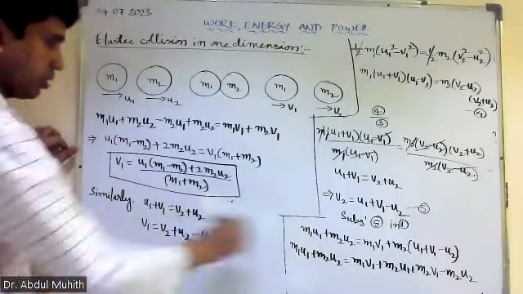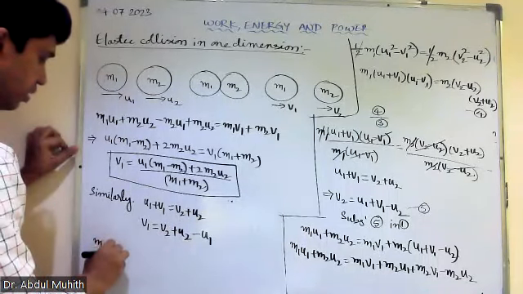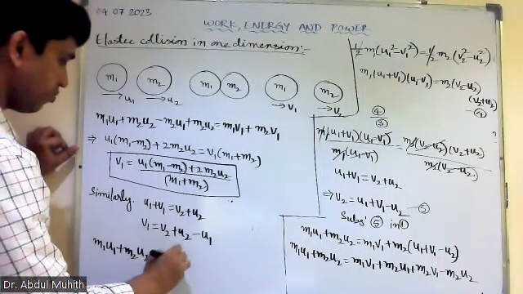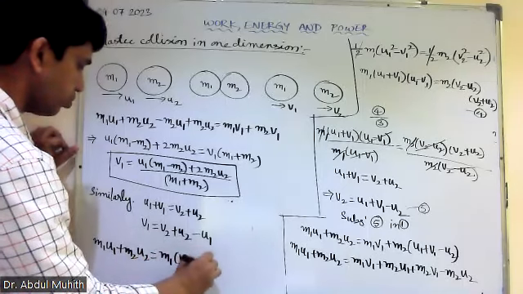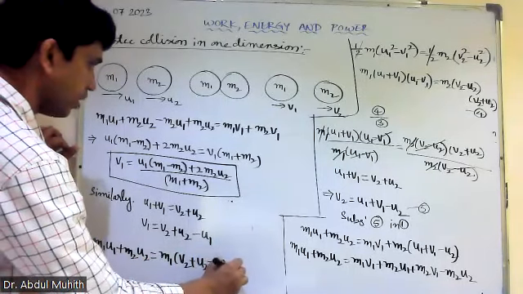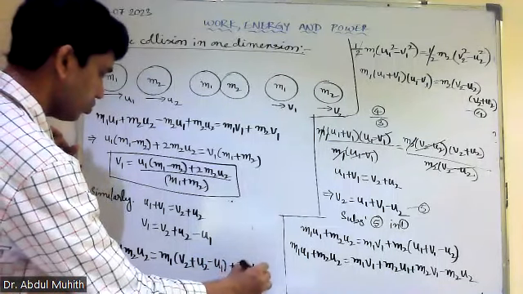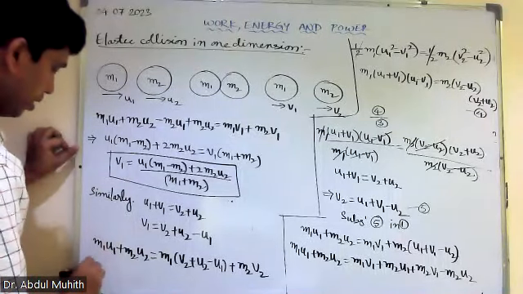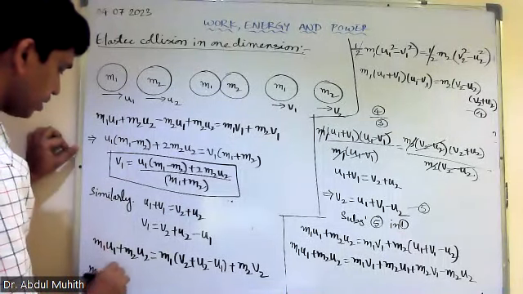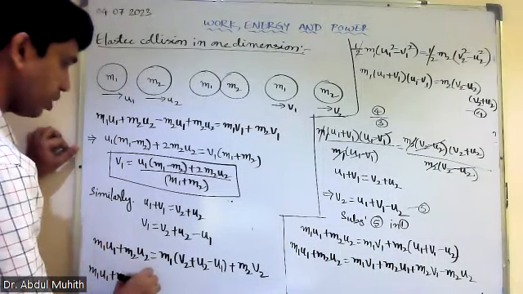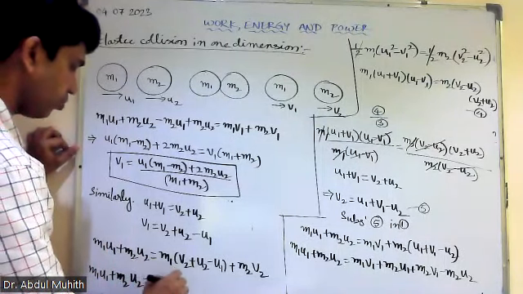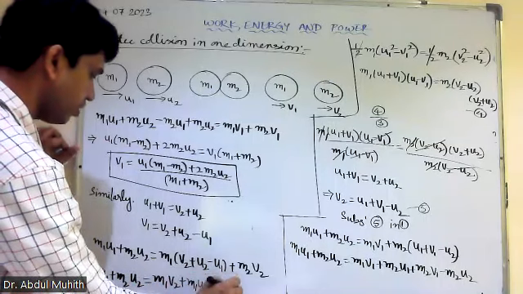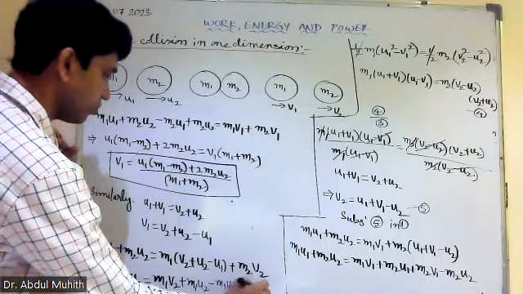Now again substitute here: m1 u1 plus m2 u2 equals m1 into v1, that is v2 plus u2 minus u1, plus m2 v2. So now m1 u1 plus m2 u2 equals m1 v2 plus m1 u2 minus m1 u1 plus m2 v2.